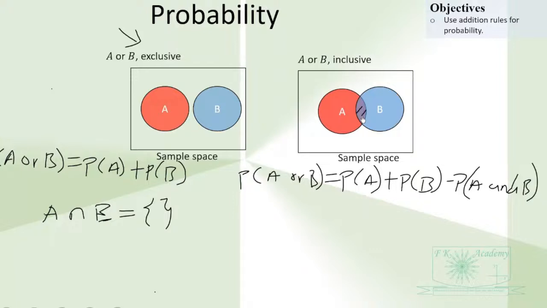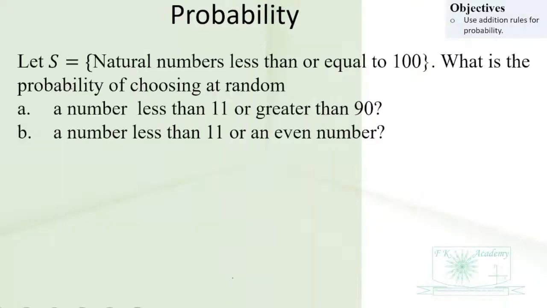There is an intersection for A and B. Let us illustrate with this example.